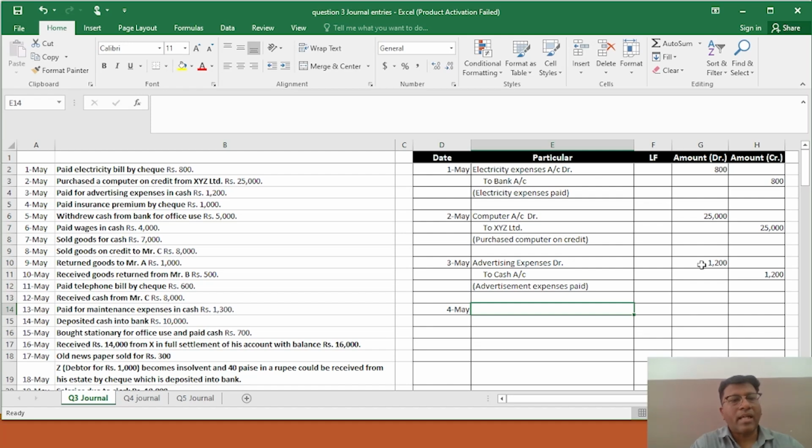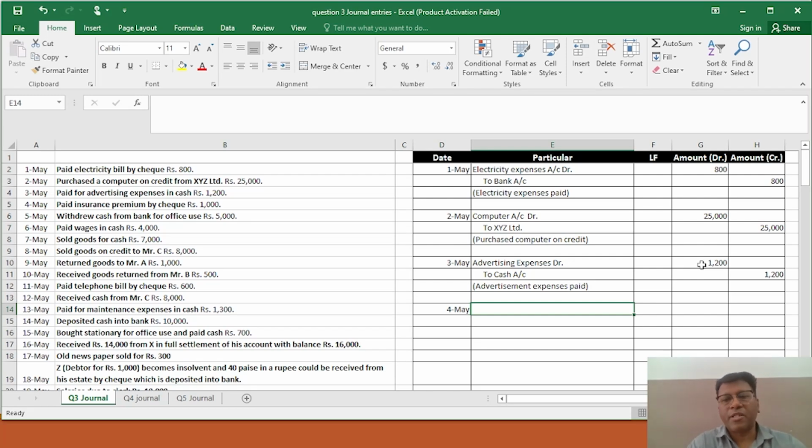So here you see that the insurance premium is paid by check. So insurance premium is an expense, and all the expenses are debited under the rules of accounts, and that account is real or nominal. Definitely the nominal account, because expenses and losses are debited under the nominal account, right?